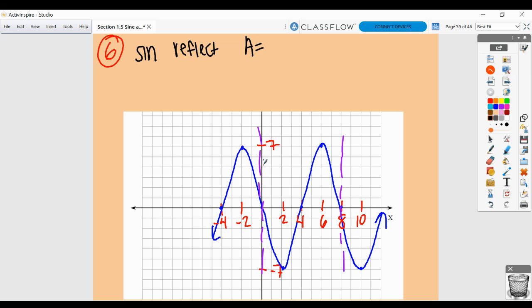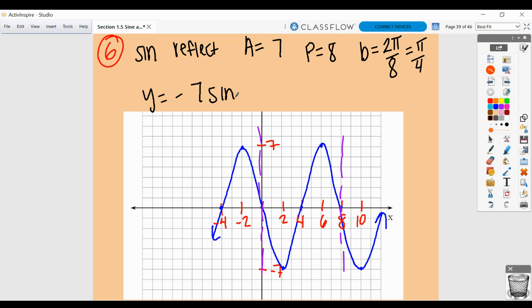The amplitude up 7, down 7. The period is 8. So you should have negative 7 sine pi over 4 x.